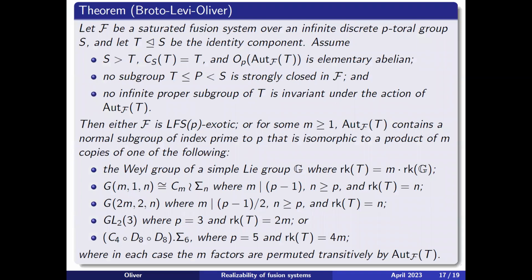It's a product of copies of one of the following, but none of these fit, at least for p, 5 or more. None of these works, and so those groups have to be exotic according to the theorem. Okay, I'll stop there.